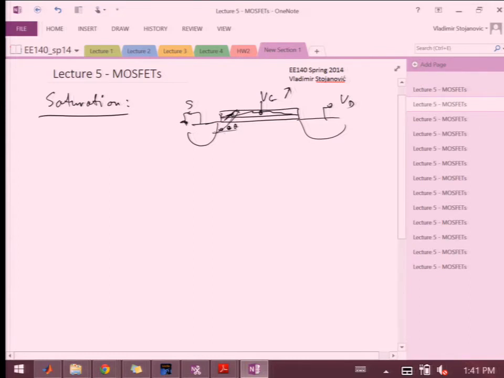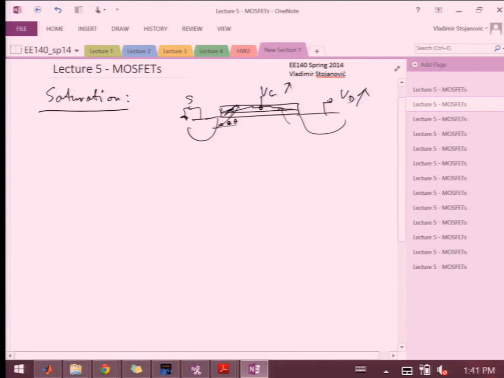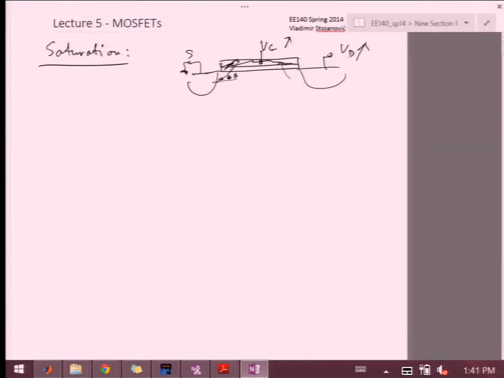And now, as you're moving toward this side, what's happening is that this potential over here, which is dictated by the influence of the drain, if drain is increasing, then at some point you get the so-called pinch off.